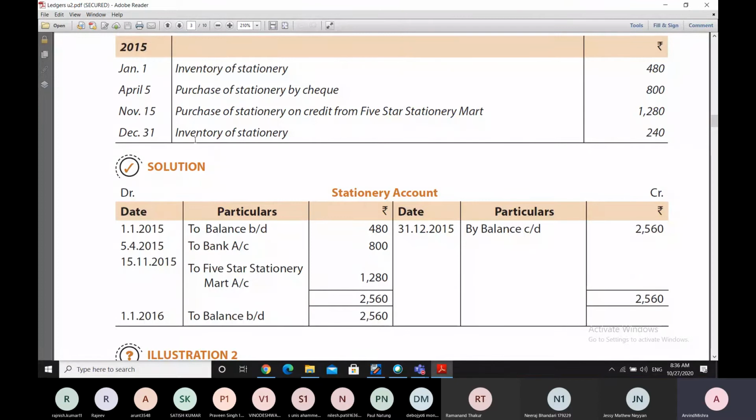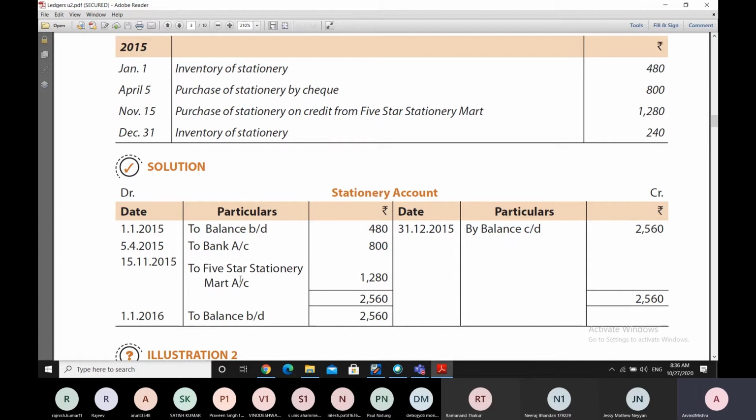Similarly, we go on to the next transaction, and there we have purchase of stationery on credit from 5-star Stationery Mart. So stationery is again being purchased here, and the difference is that the purchase of the stationery is being made on credit and not by making the cash payment or making the check payment.